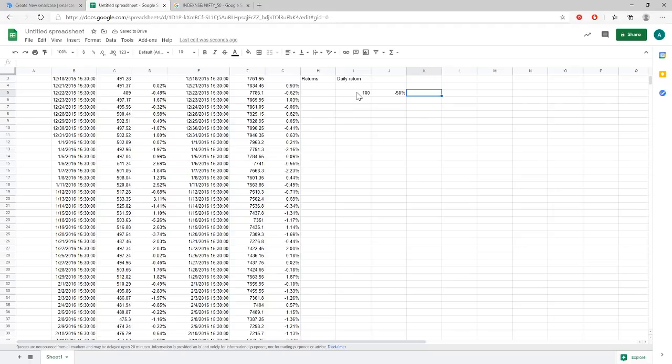If 50% of the amount is gone, you have only 50 rupees remaining. Now, let us assume that after this, you got a 50% return. 50% of 50 is 25, so you have 75 rupees. You went down 50%, you went up 50%. However, on an overall basis, you have gone down from 100 to 75, which is minus 25%.